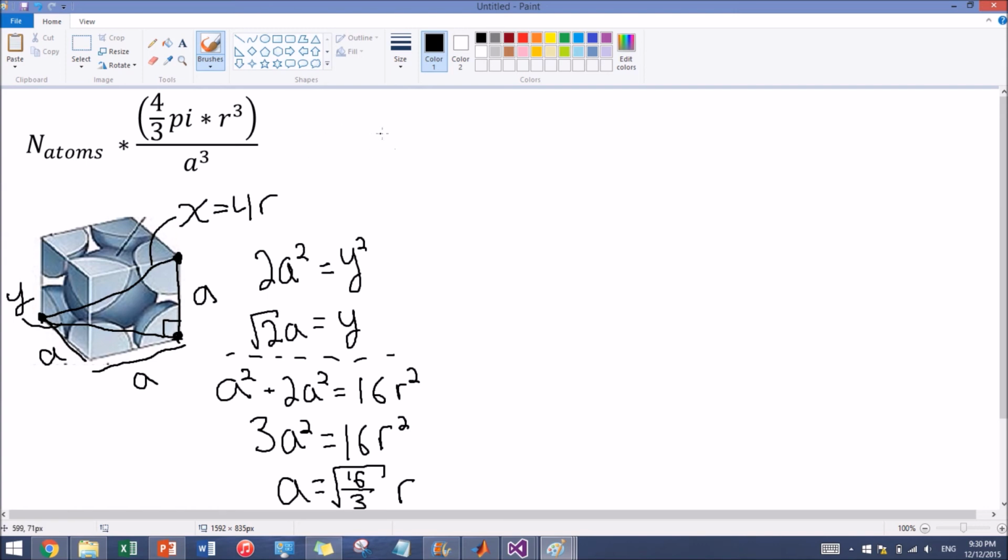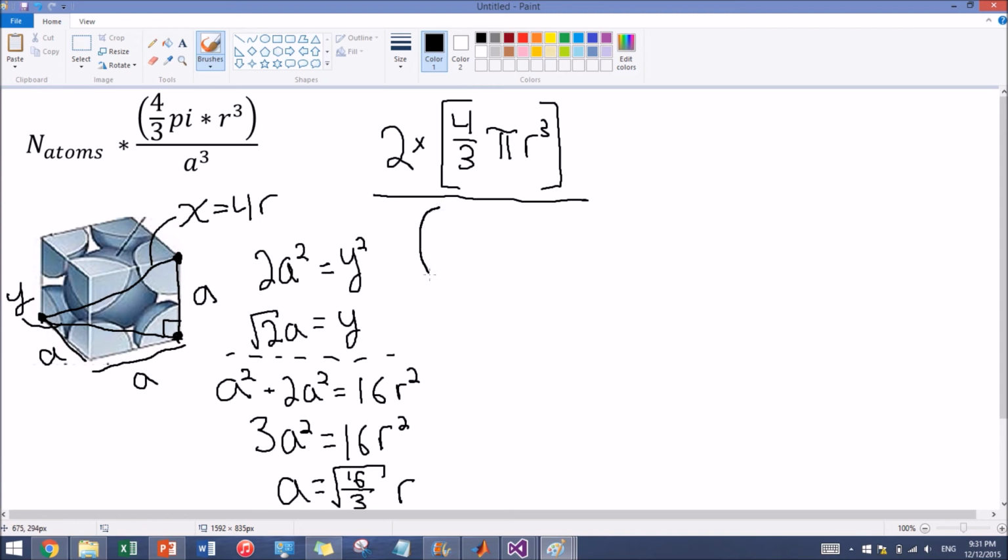So, for body-centered cubic, we're going to have 2 atoms times 4/3 pi r cubed, all over a cubed, which is just this relationship down here.